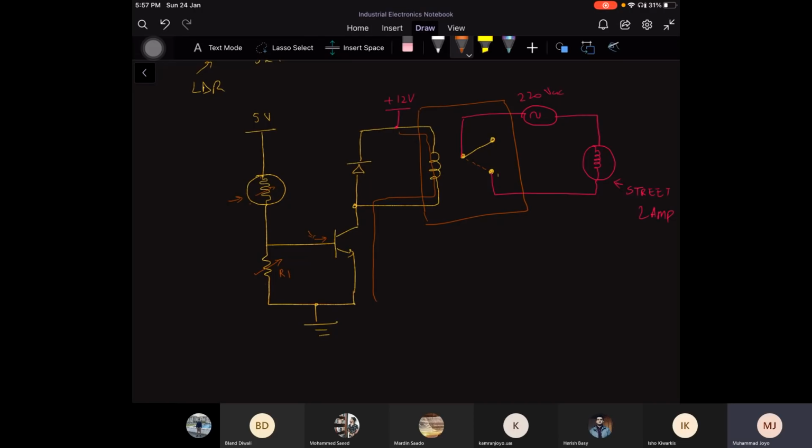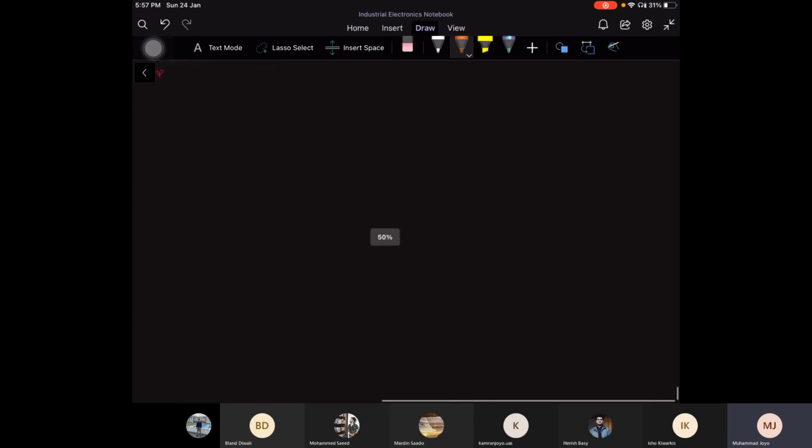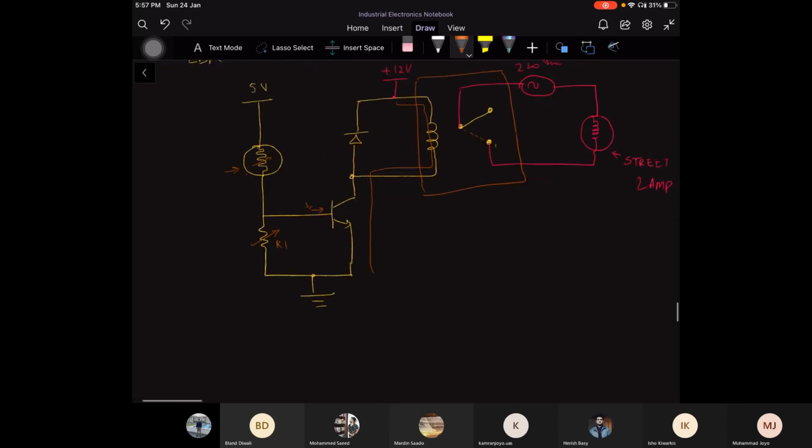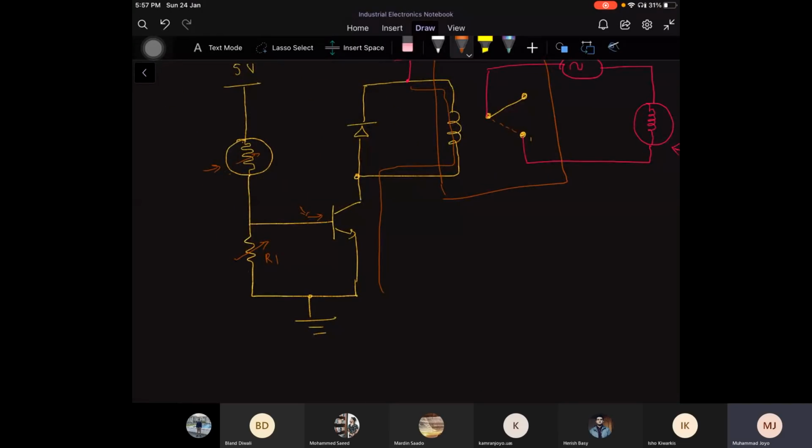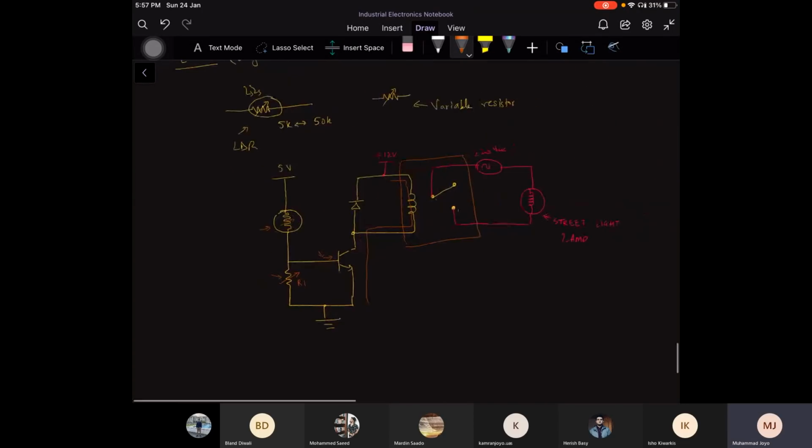We can change it in such a manner that when there is a sunrise, the transistor will be switched off, and when there is a sunset, the transistor will be switched on. So we can change this sensitivity by changing this resistance over here. Do you understand the idea over here?